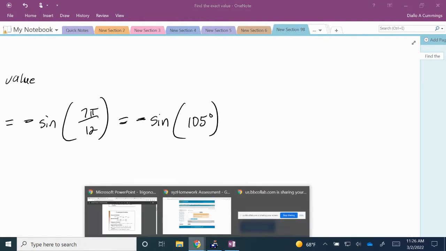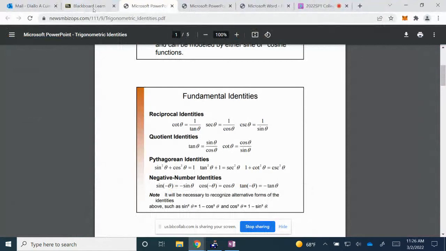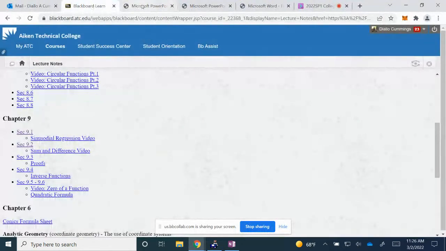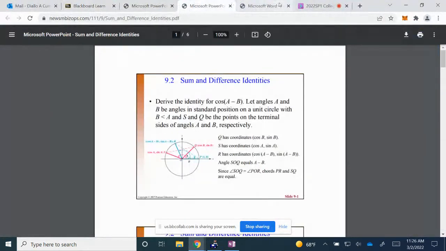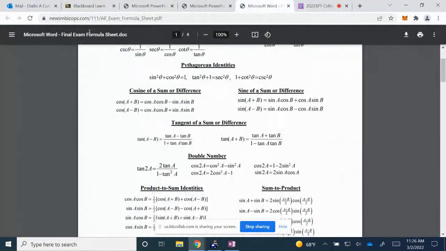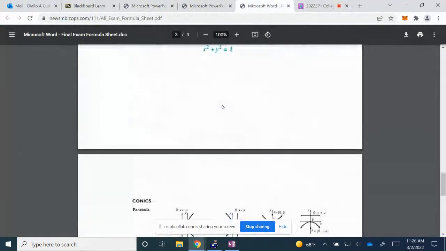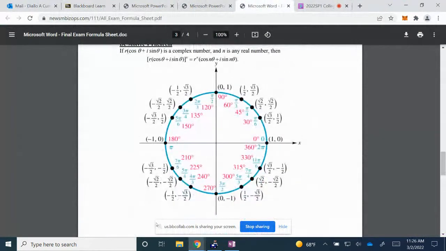I'm going to pull up the unit circle. If we look at the unit circle, notice that there is not a 105 degree angle, but we can use a combination of angles that would give us 105 degrees.